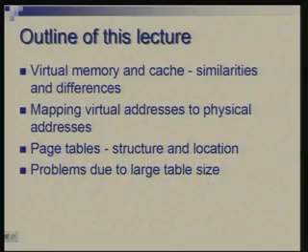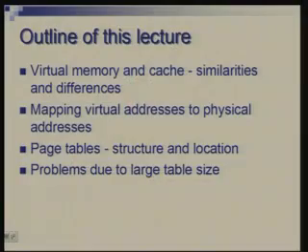We will first try to compare virtual memory with the cache memory and see what are the similarities which we can carry on and where we need to make changes and do things differently. So, we will see this essentially as a problem of mapping virtual addresses to physical addresses.